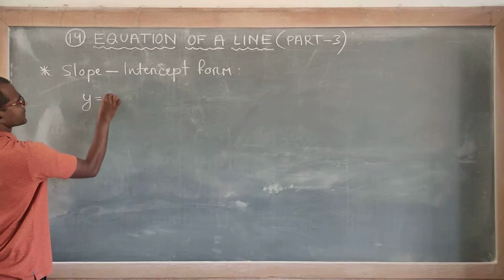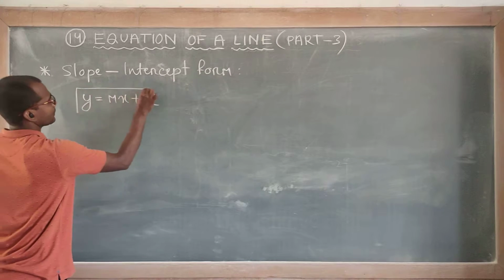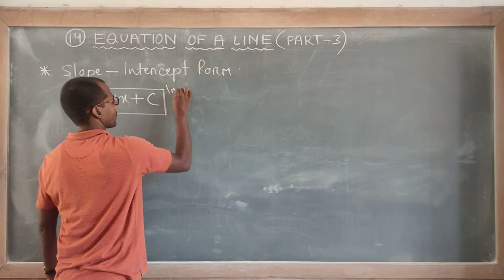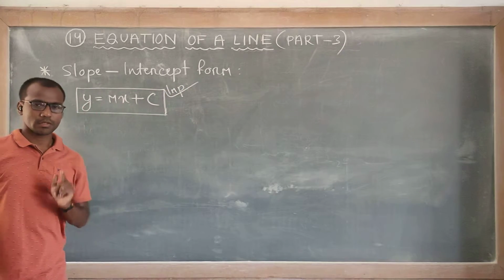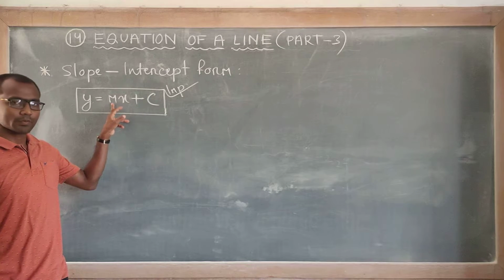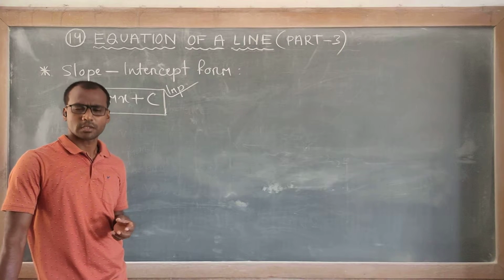So the formula is y is equal to mx plus c. This is very important. Y and x are variables, they do not have any specific value. M is the slope of the line. In part 2 I had given the concept of gradient or slope.